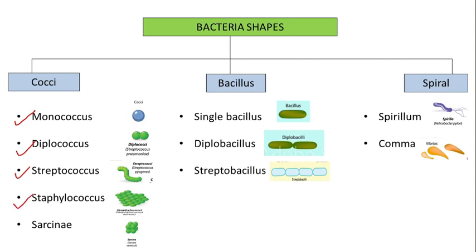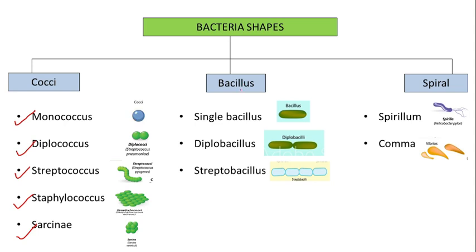Staphylococcus include those bacteria which are present in cluster. So there is a cluster together. For example, Staphylococcus aureus. And the last is Sarcinae. Sarcinae also include all round-shaped bacteria, but they are cubical. They are in cubical packets, maybe a packet of 8, 64 or more.